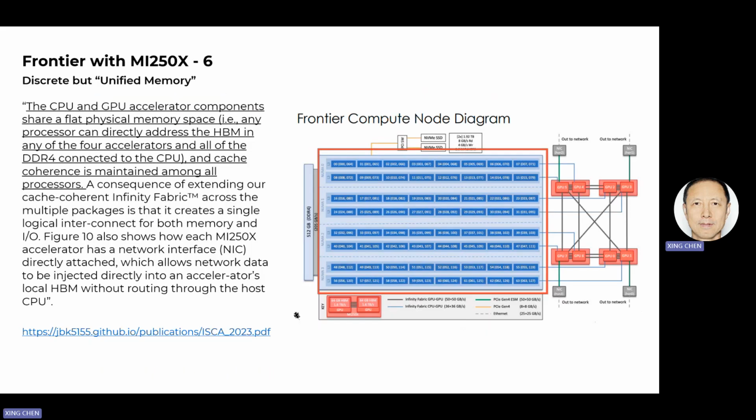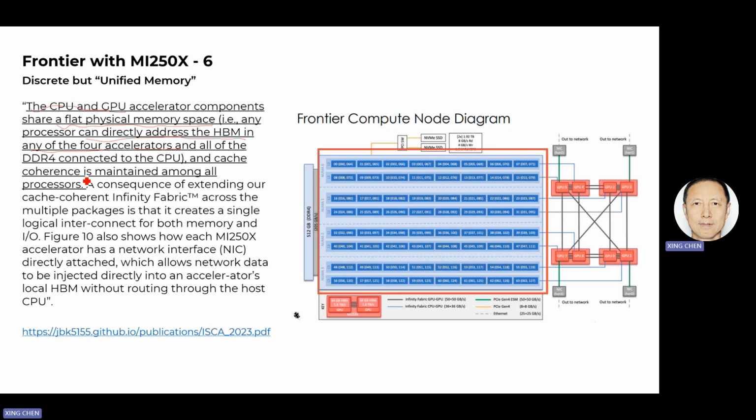And then, very importantly, we need to go through this piece of information: the CPU and the GPU accelerator components share a flat physical memory space. Any processor can directly address the HBM in any of the 4 accelerators, and all of the DDR4 connected to the CPU.